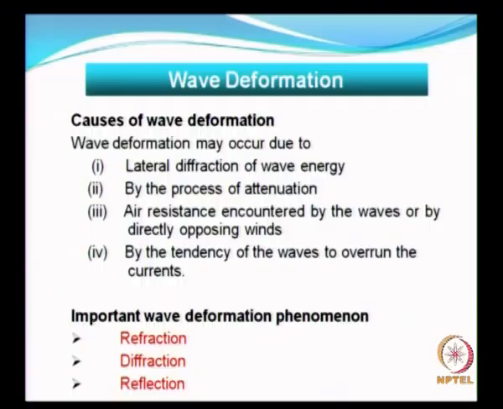Air resistance encountered by waves or by directly opposing winds. So, you have the wind blowing against the waves, then there can be some amount of air resistance. Then there is the tendency of the waves to run over the currents.